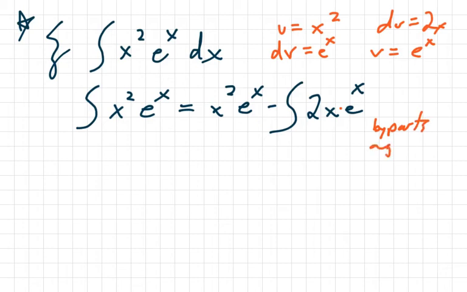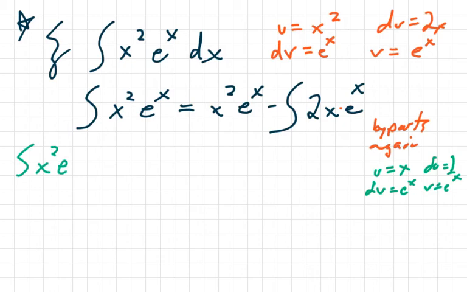Okay, so I'm going to switch colors here. I'm going to go to green maybe. So I'm going to let u equal x, dv equal e to the x, du equals 1, and v equals e to the x. So now this is going to look like x squared e to the x equals, our x squared e to the x doesn't change.